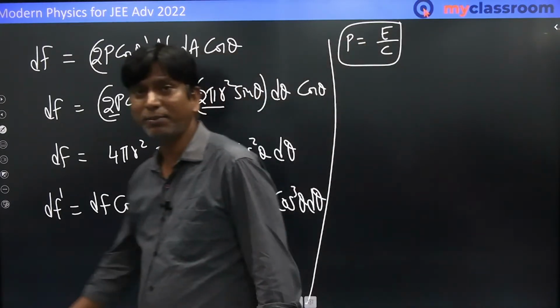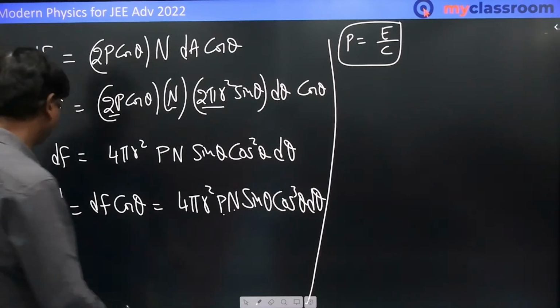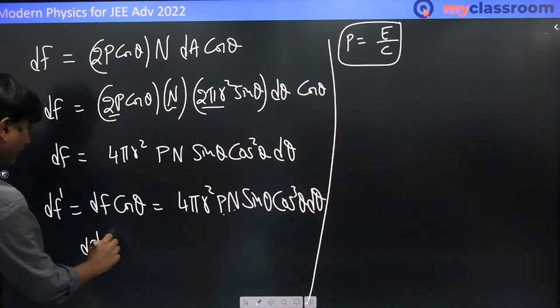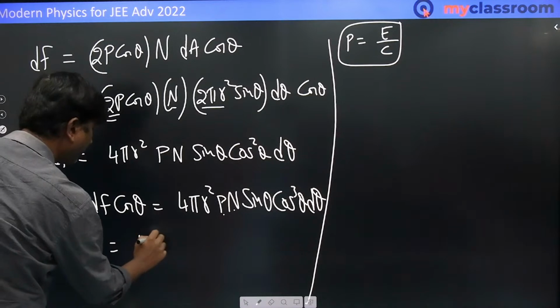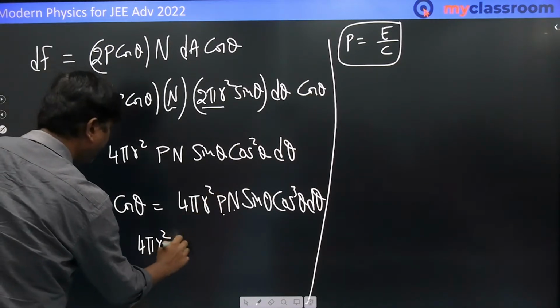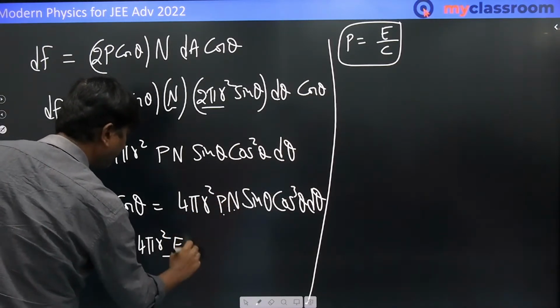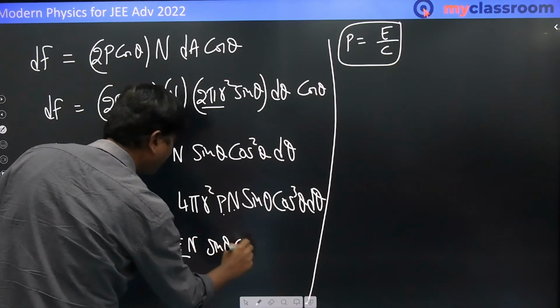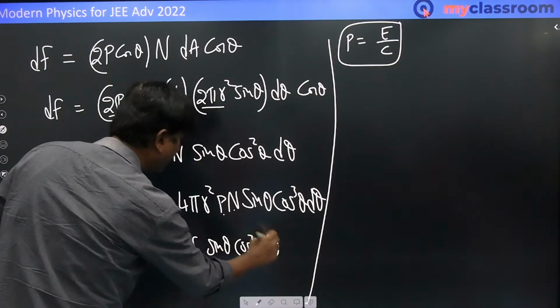So dF prime is equal to 4 pi r square, p is E by c, into n, into sin theta into cos cube theta into d theta.